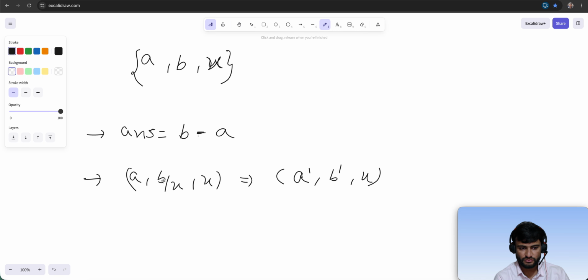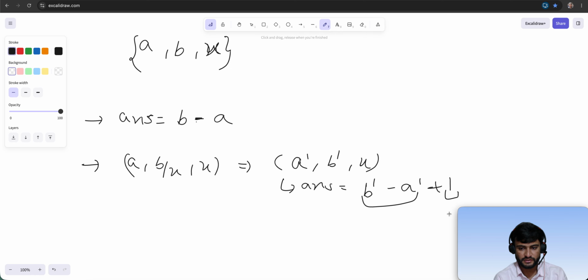A dash equals a and b dash equals b by x. Again calculate the answer here. Let's assume b dash is greater than a dash, otherwise we will swap them. So for this case your answer will be b dash minus a dash plus 1. So these are the add operations, and this is the divide operation you applied.